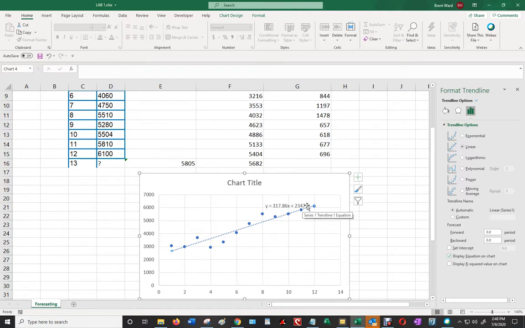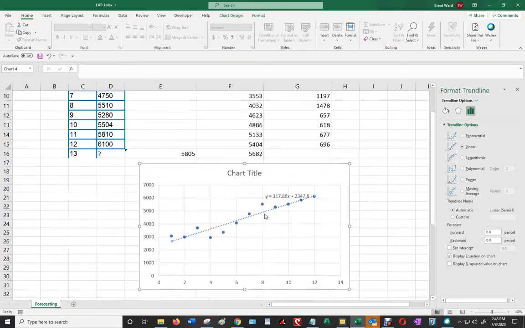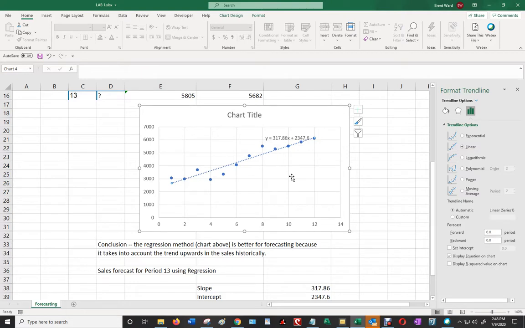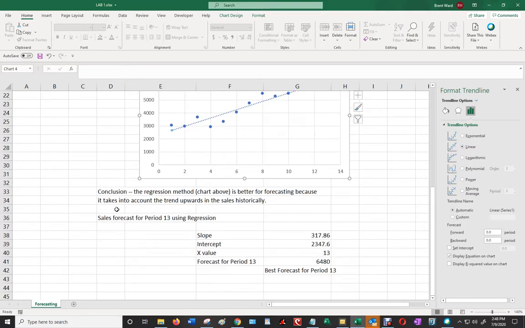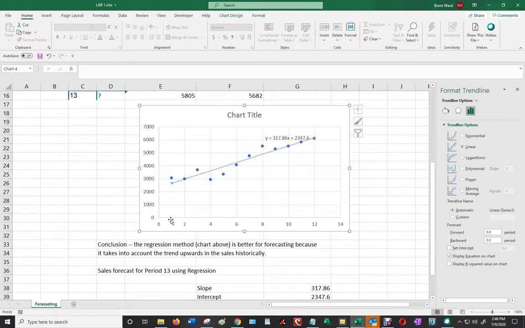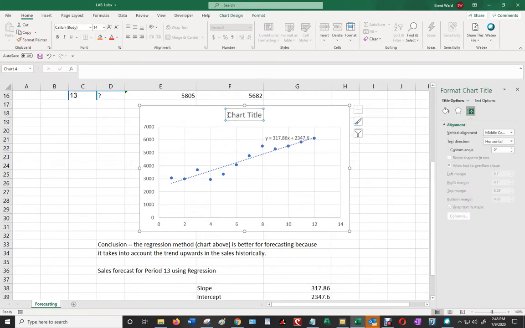That's the equation of the line, and you can see that it fits a lot better. These others are just taking flat averages, and they don't fit very well at all. Okay, so this is what I've written in here. The conclusion is, and also you want to put a title on there: regression analysis.